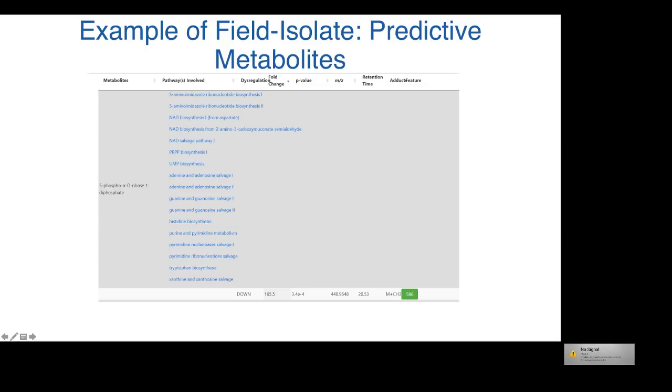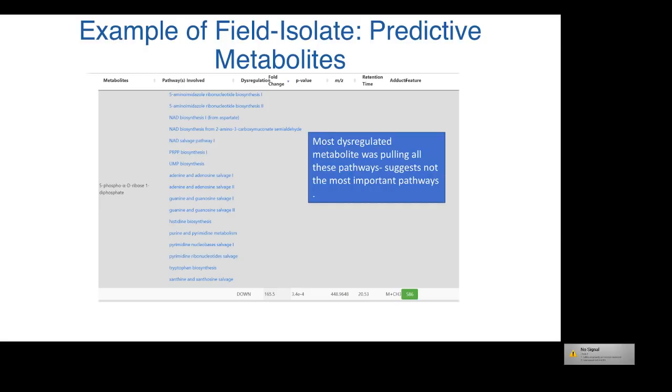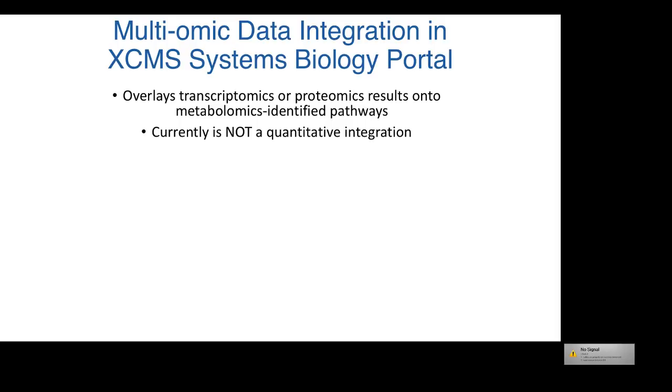But since it was pulling so many pathways, when I saw those top dysregulated pathways, that actually tells me that a lot of them were because of this one metabolite. And so I can sort of eliminate those and say that, yes, DNA synthesis was definitely downregulated, but it's not the biggest thing that's going on, which gives further credence to our hypothesis about branched-chain amino acid biosynthesis. So we're using all these different clues to start to put it together.